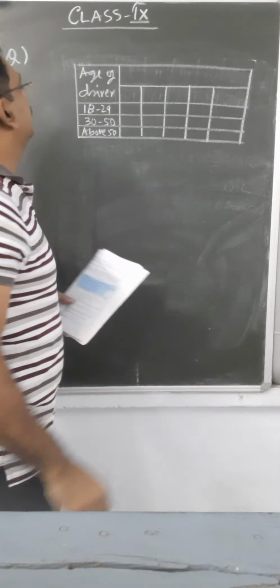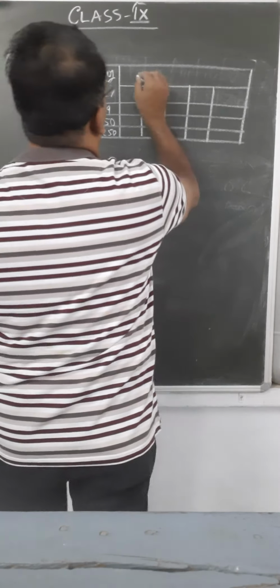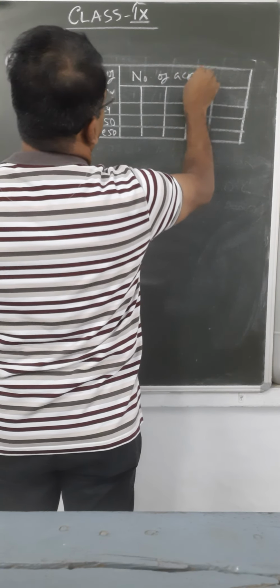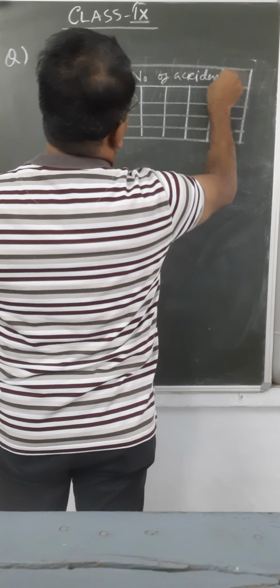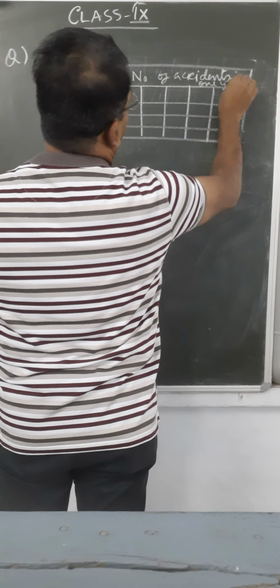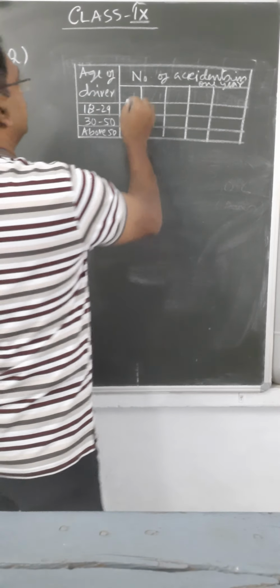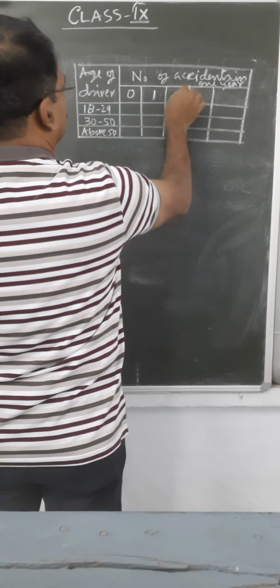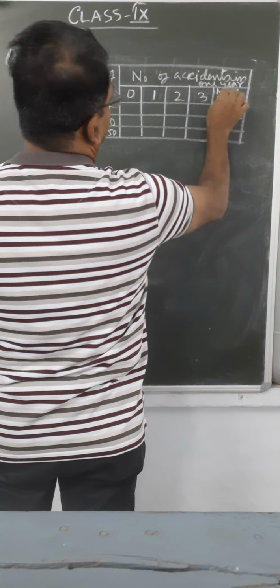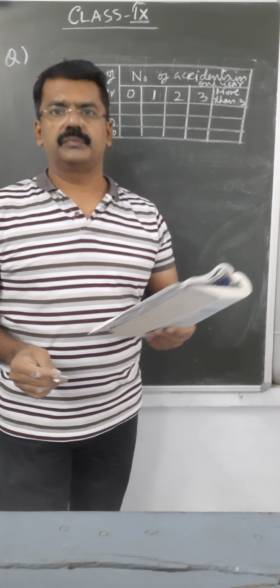And the number of accidents in 1 year: 0, 1, 2, 3, more than 3.